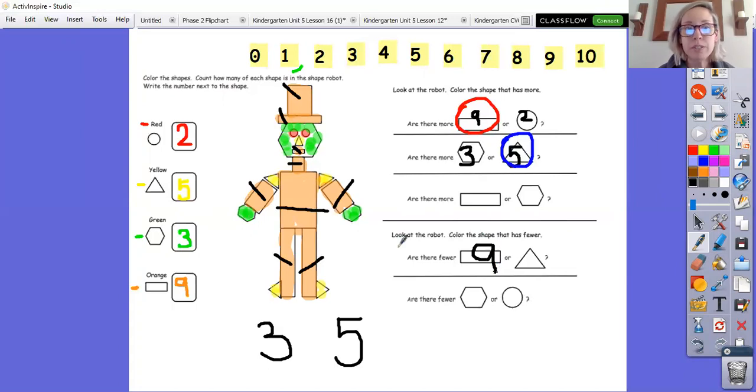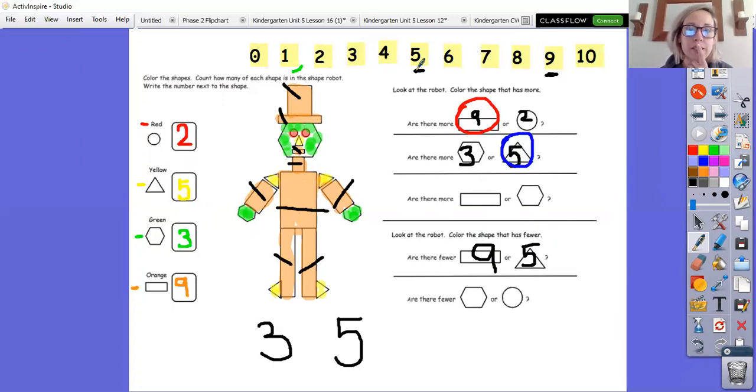And then how many triangles did we have? We had 5. So now we're not looking for more, we're looking for less than or fewer. So here's 9, okay? And then I have 5 triangles. This one's a little bit trickier.